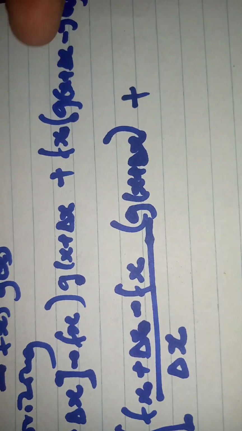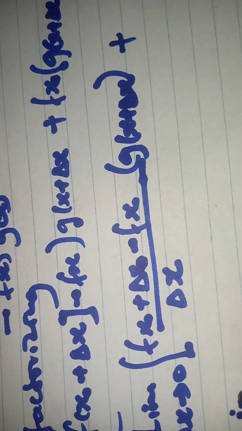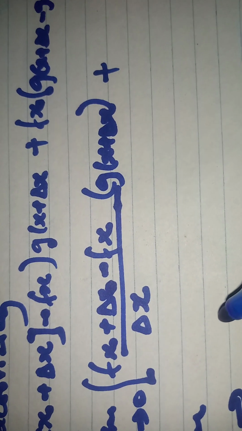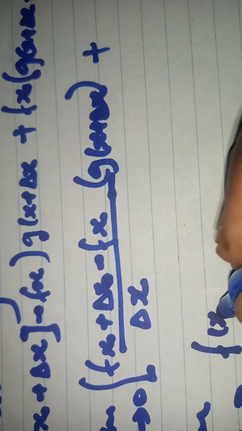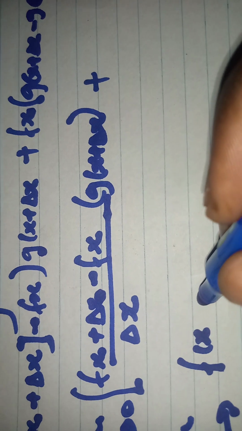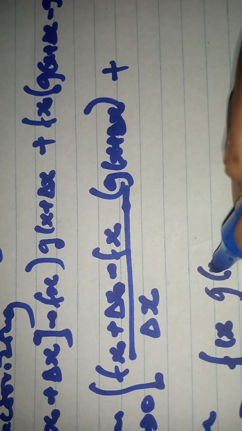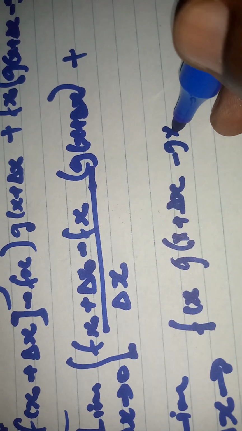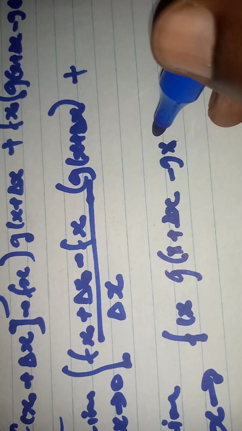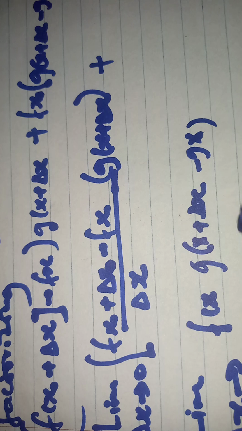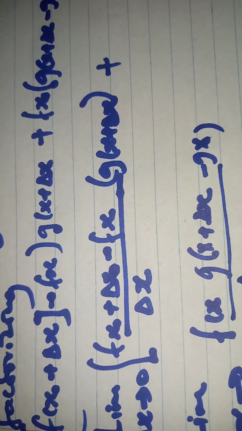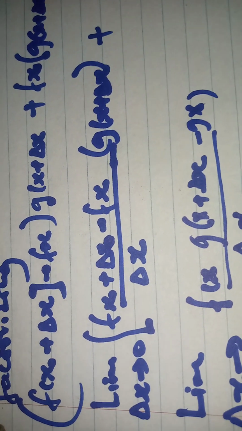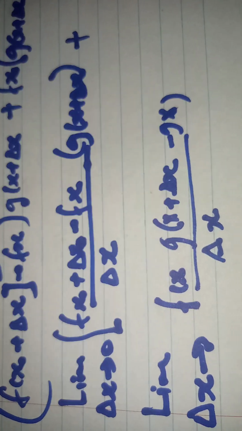I want to add the limit of the other side: the limit as change in x goes towards 0 of f of x multiplied by g of x plus small change in x minus g of x, also over change in x. I'll do this one and this one separately, since I'm adding the two.